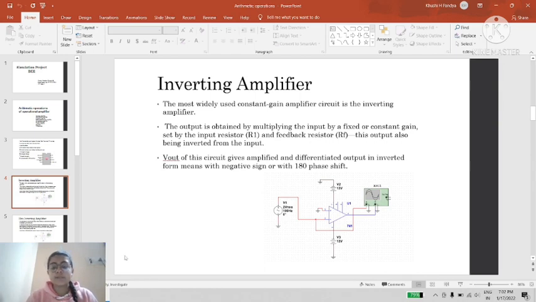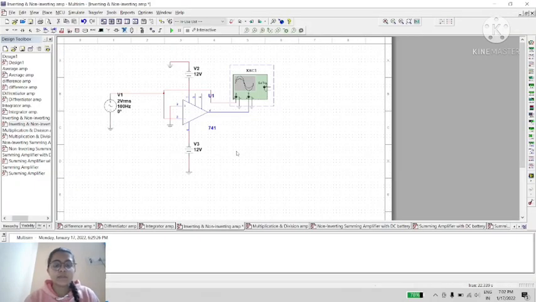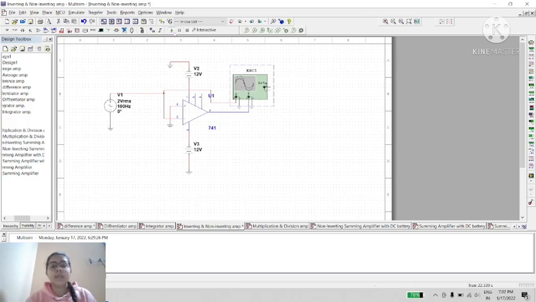So let's see this circuit in Multisim. We have connected the output with a CRO so that we can get an appropriate graph of the input and output voltage. Let's play.